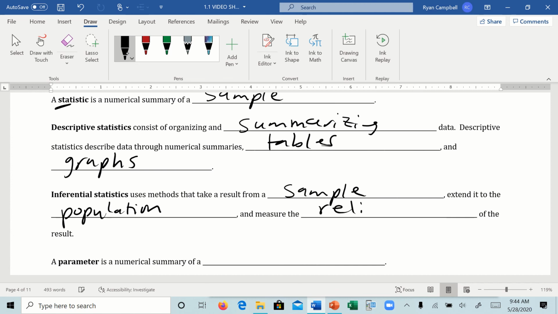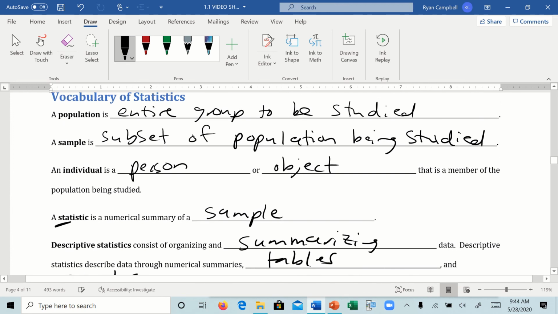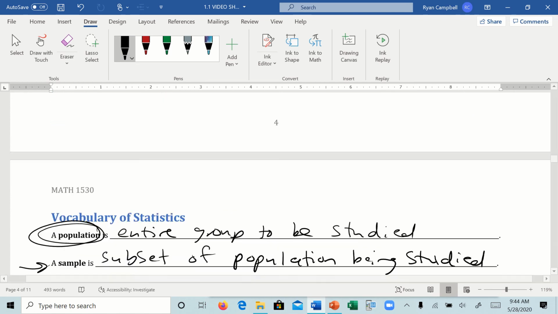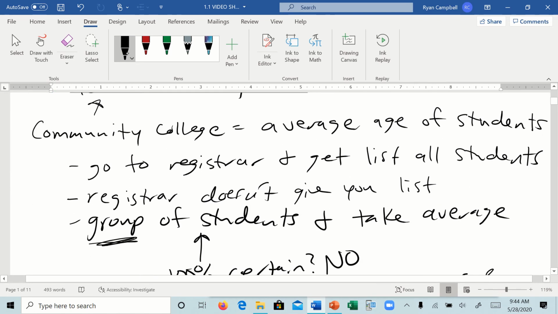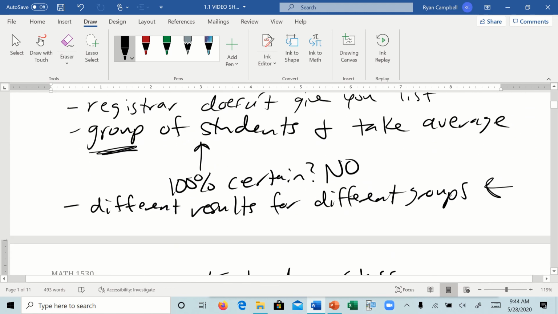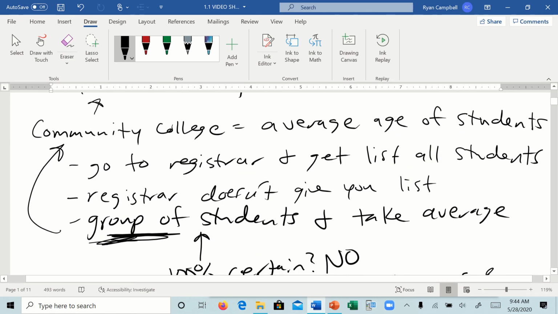This measures the reliability of a result. So actually, the entire purpose of statistics is that you are trying to use this sample to make an assumption about the population, right? If we go back to our first example ever, when we talked about the average age of community college students, this is what's happening. You take a sample of students, and you try to use inferential statistics to determine the population of everybody in your community college.